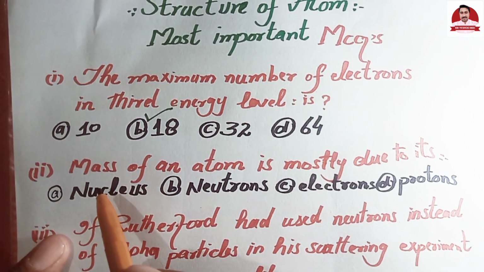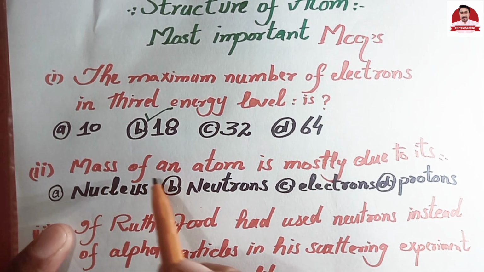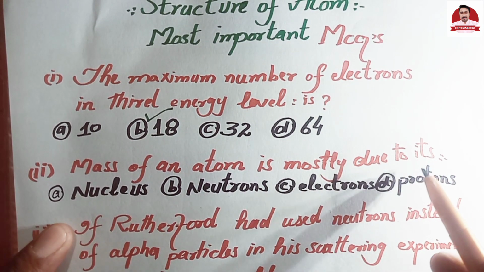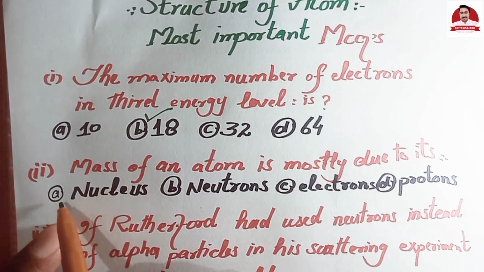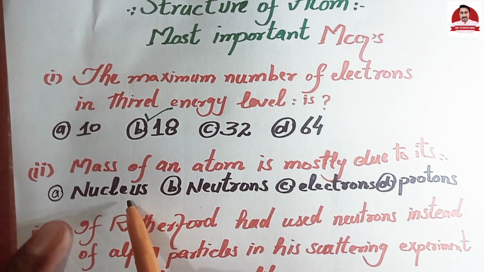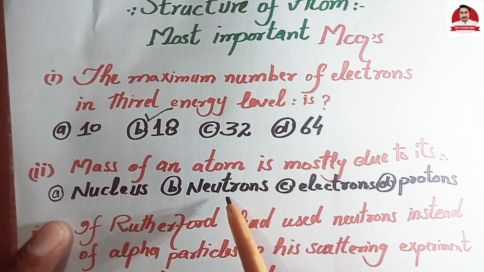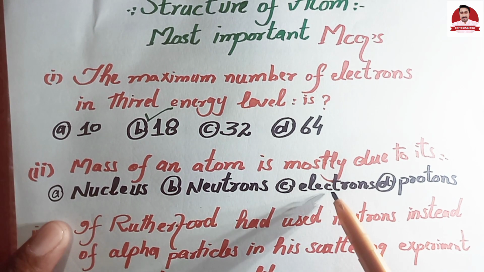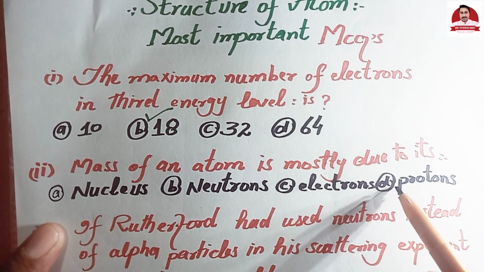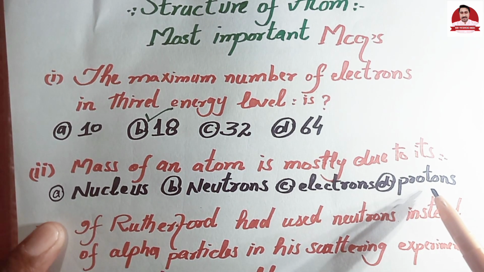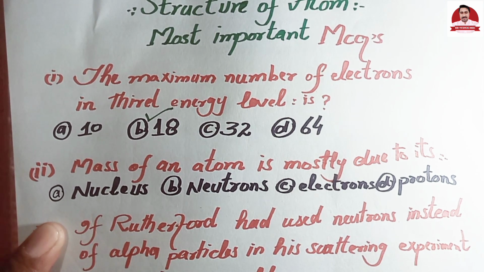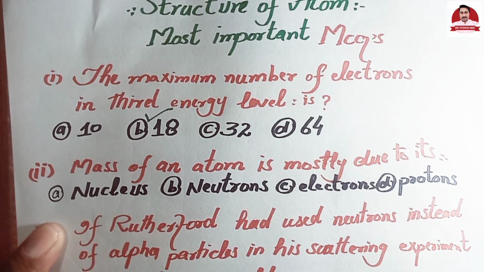Next, the mass of an atom is mostly due to its: option A nucleus, option B neutrons, option C electrons, and option D protons. As we know, an atom consists of 3 fundamental particles: electron, proton, and neutron.